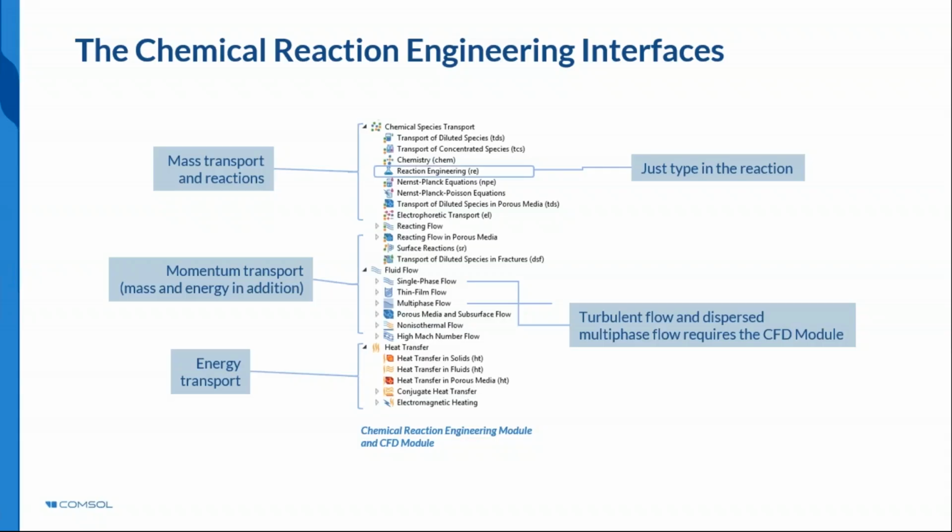Once you've defined your reactions in the reaction engineering interface, a 1D, 2D, or 3D space-dependent model can be generated from it, with the related reaction and transport nodes pre-populated with the necessary reaction data. This simplifies the model setup for complicated reaction systems and leaves only a few boundary conditions and properties to be specified, for example, inlet velocity.